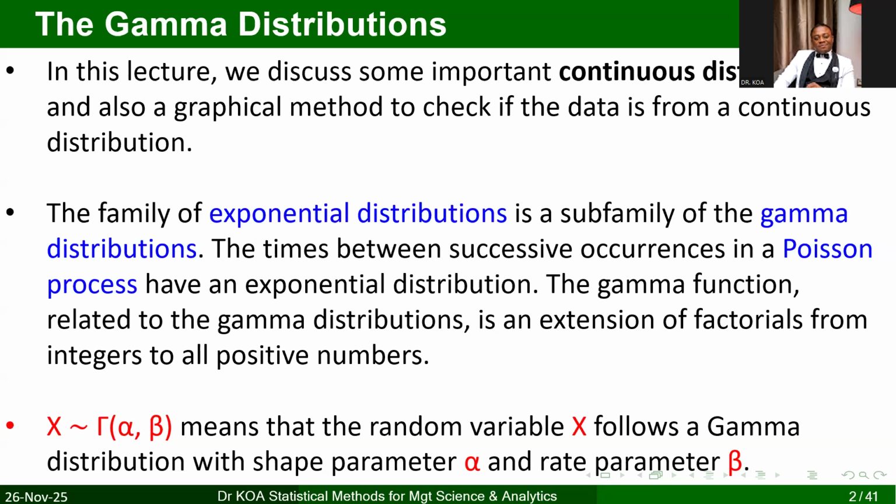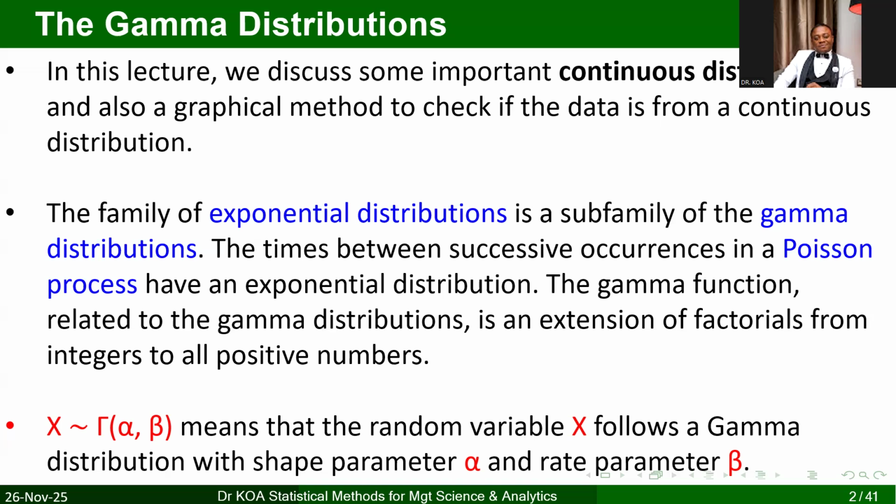So there's a connection between exponential distribution and gamma, because there is a time between two gamma processes, and that time is exponentially distributed.